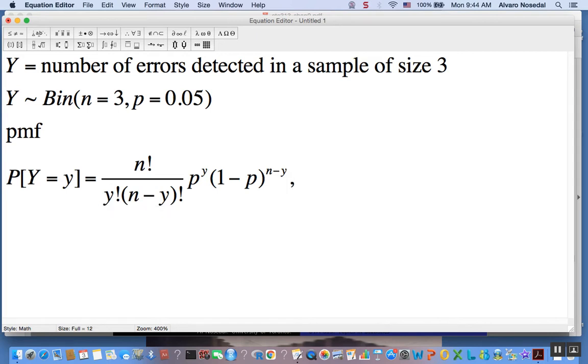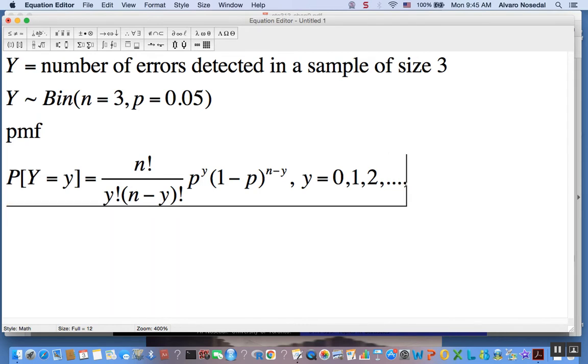And we know that y could be 0, 1, 2, up to n, and that p is the probability of success.